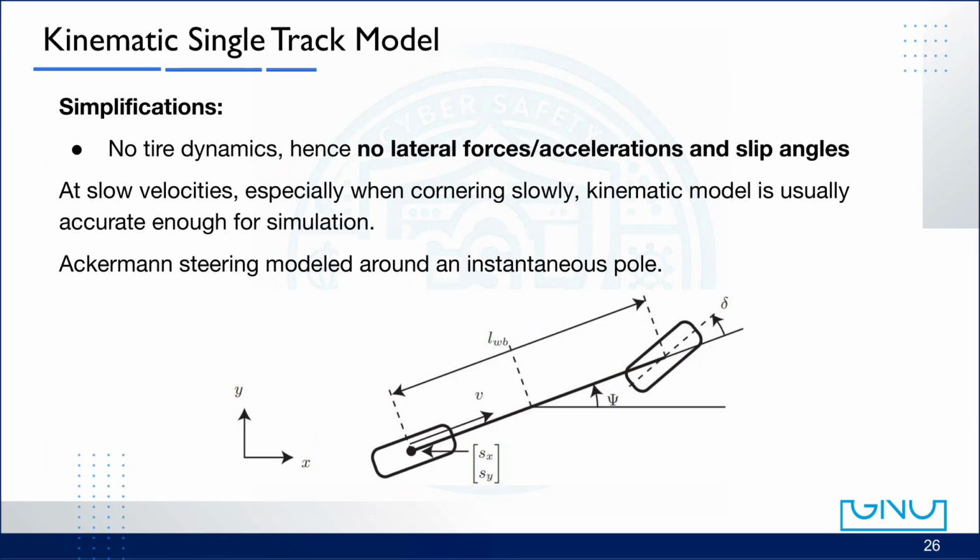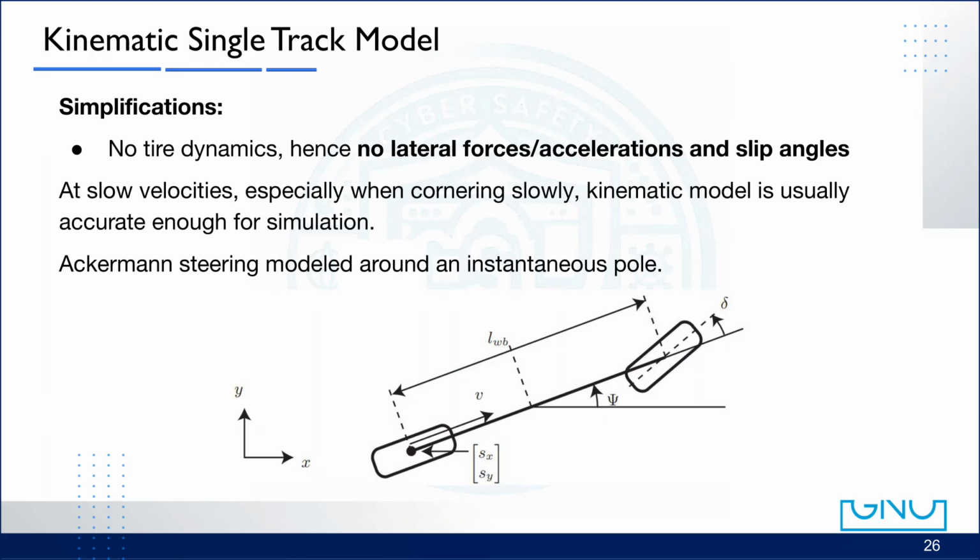You can see a simplified vehicle represented by two wheels on a single line, one front wheel and one rear wheel. This is why it's called a single-track model. In reality, a car has four wheels, but here, the left and right wheels of each axle are combined into one. The front wheel is shown at an angle delta, which represents the steering angle. When the vehicle turns, this wheel defines the direction of motion.